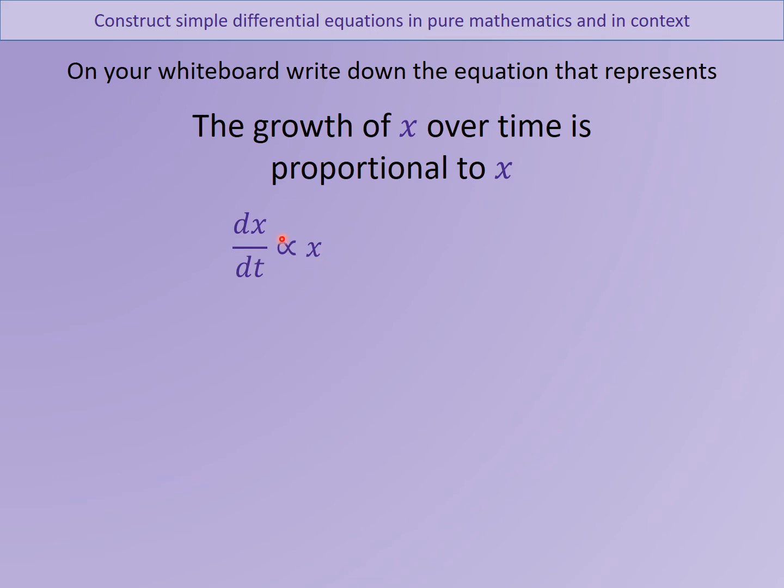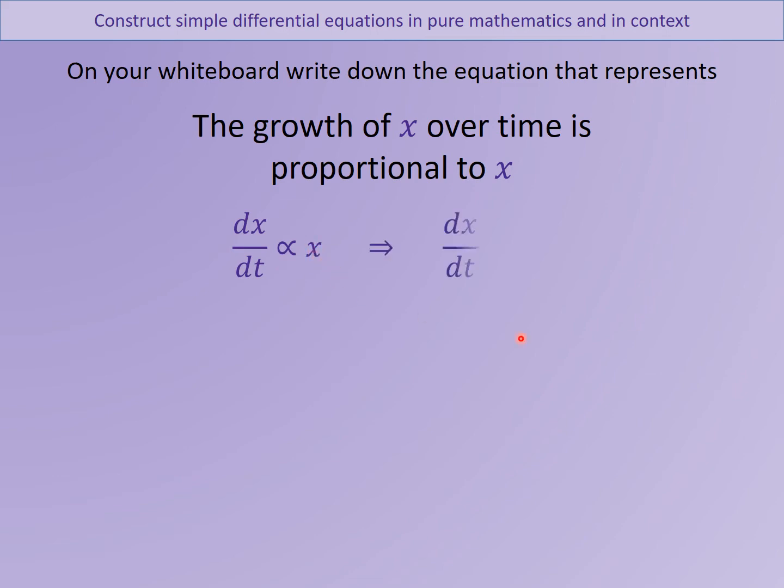Okay, so that could be a situation where x is like a size: the bigger x is, the faster the rate of change. That makes sense if it's something like bacteria. If you've got a big amount of bacteria, the rate of change is a lot bigger than if you had a small amount of bacteria. So the rate of change is proportional to the size you started with.